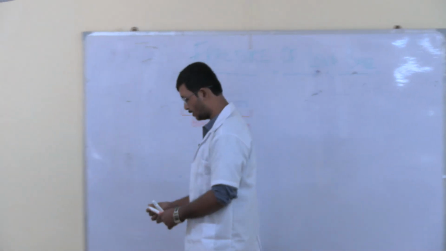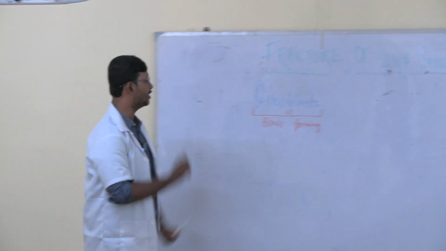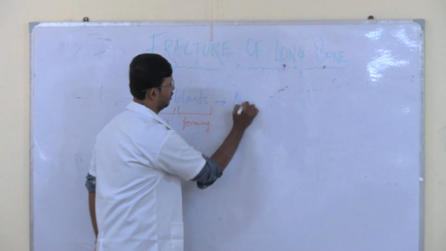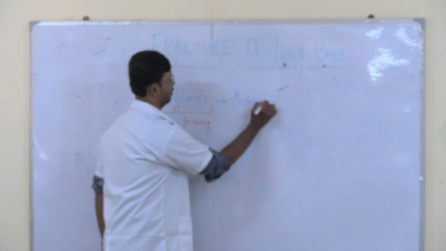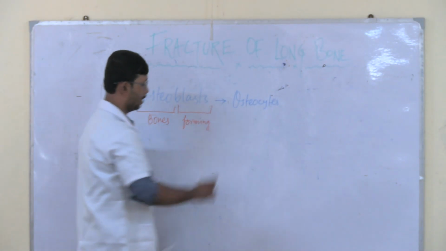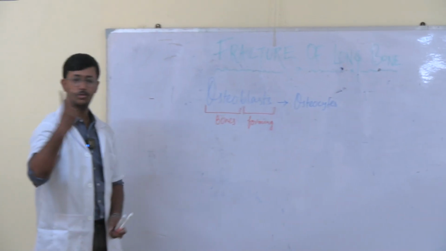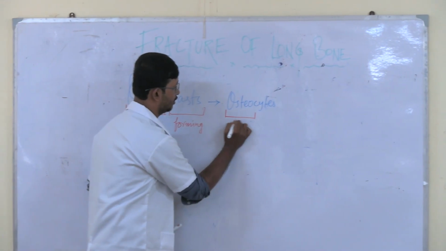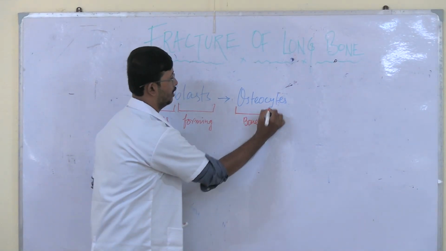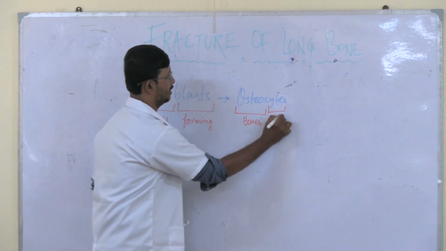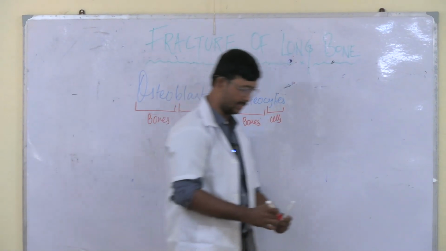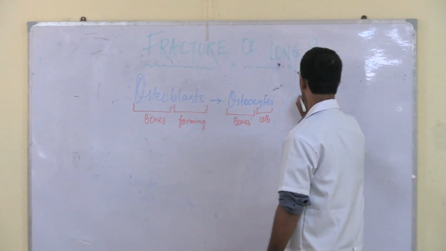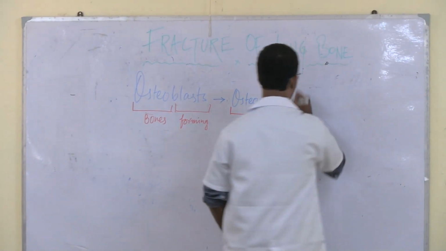These osteoblasts then get modified into osteocytes. Osteocytes again come from two words. One is osteo, that is bones, and cytes means cells, that is your bony cells. Then finally there are certain other types of cells, that is your osteoclasts.